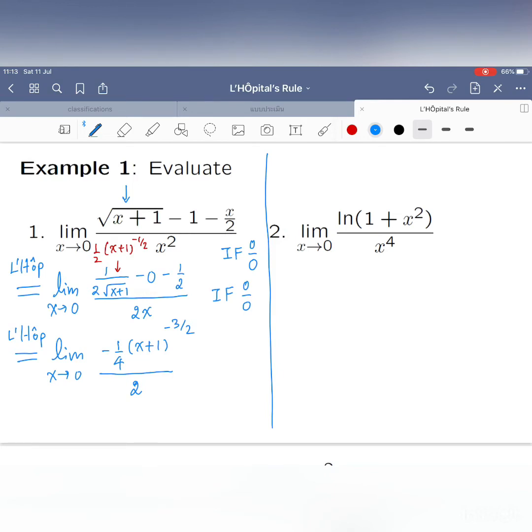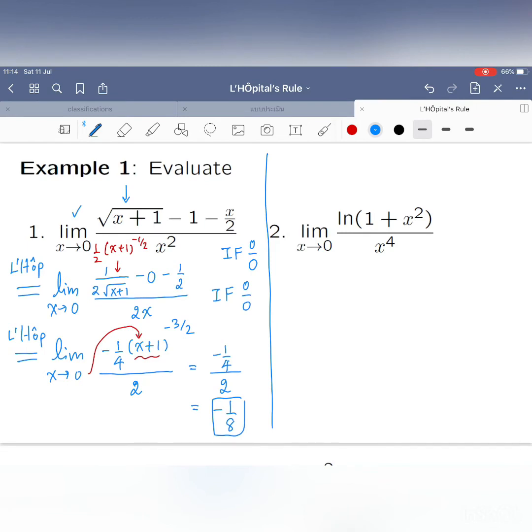Now the x survives only here in your top. As you plug in x goes to 0, this term goes to 1 immediately. So on your top you get negative 1/4, and on your bottom you get simply 2. So here you have negative 1/8 as your limit.